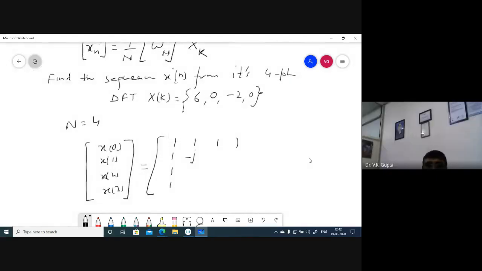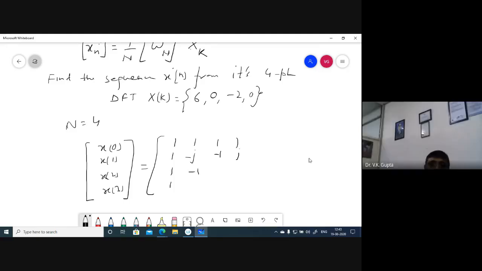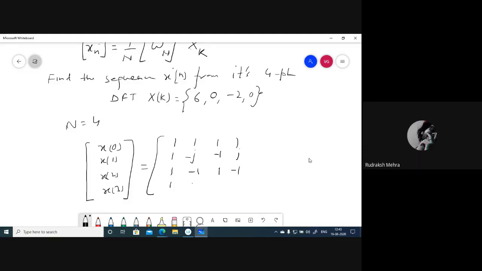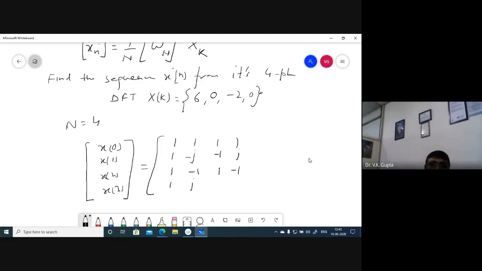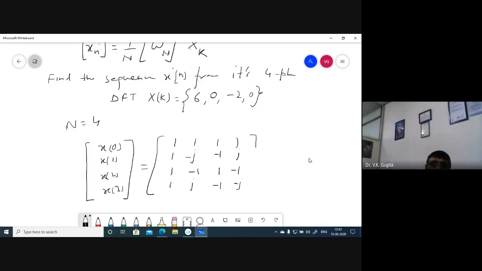Here we have rows 1, 1, 1, 1; 1, -j, -1, j; 1, -1, 1, -1; 1, j, -1, -j.